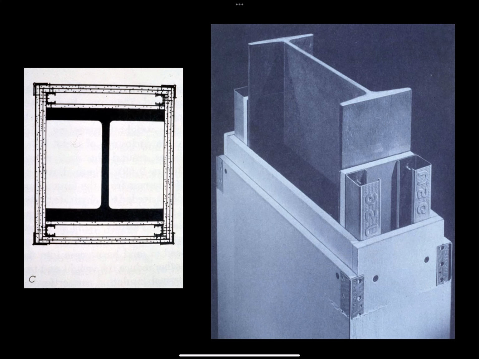So we should talk about fire resistance. The purpose of protecting structural elements from fire is not to protect the building or the real estate itself. The purpose is for life safety.